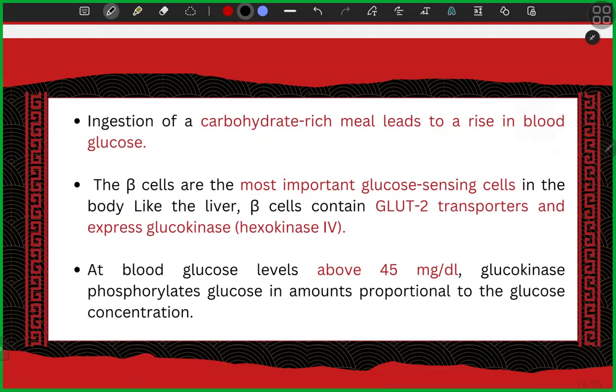And then at blood glucose levels above 45, so 45 is basically, give and take, the normal ones, glucokinase phosphorylates glucose. Why? Because at above 45, blood glucose increases, so glucokinase has to act and phosphorylate glucose in amounts proportional to the glucose concentration. Basically, the more glucose you have, the more it's going to phosphorylate. That's basically what it means.